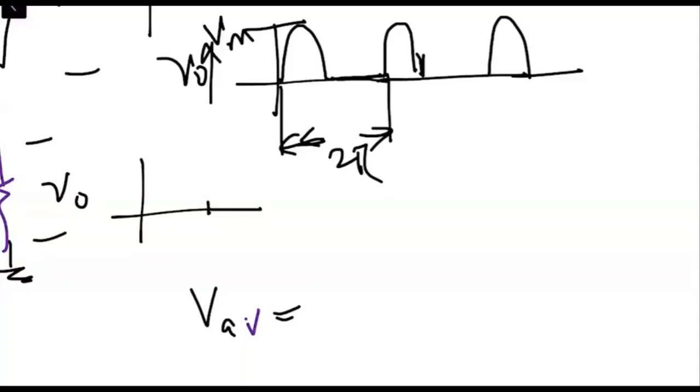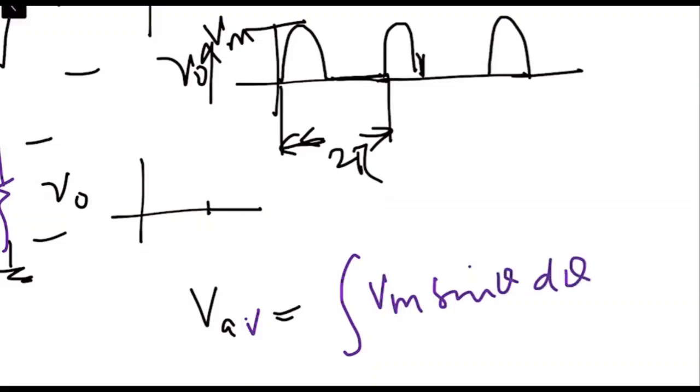To find the area under the curve, from our mathematics knowledge, we will have the integral of Vm sine theta d theta, and the duration of this is from 0 to pi, right? Because from 0 to pi we have this sinusoidal signal.